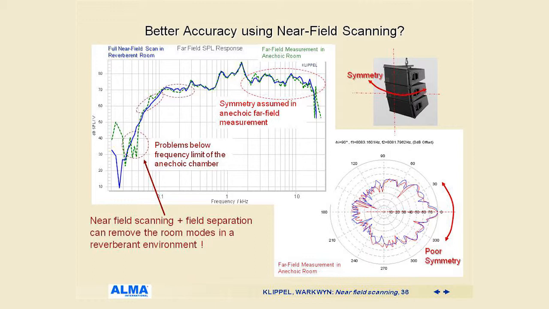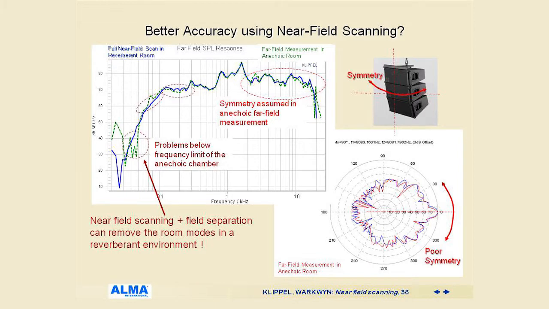There's some asymmetry in the anechoic field and far field measurement, which is causing us a small error there. You can see it in this polar plot. The red curve is its symmetry is not very good. So near field scanning and field separation can remove room modes in the reverberant environment.